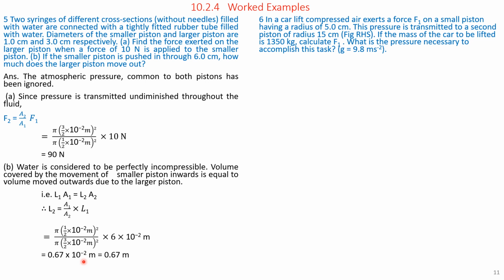If the mass of the car to be lifted is 1350 kg, calculate force F1. What is the pressure necessary to accomplish this task? So we have to find the value of pressure necessary to lift this car. Let us assume g is equal to 9.8 meters per second square. Let us solve it.